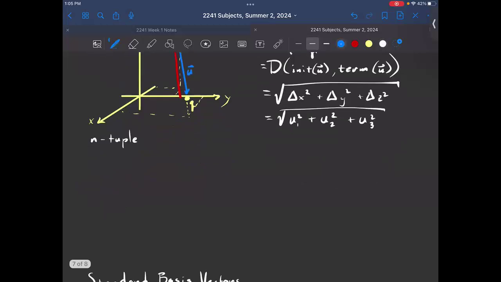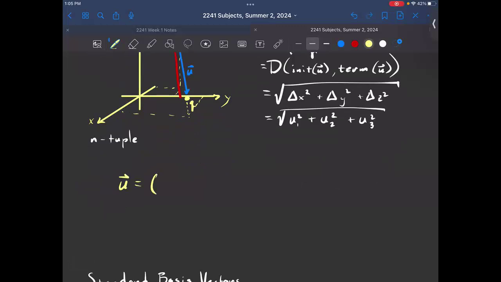Okay, so an n-tuple, this is a little easier. An n-tuple is just a list of coordinates. So maybe if I write, actually I don't want to use x there. So u as a vector, well, I could also write, now we'll just leave it as a vector.